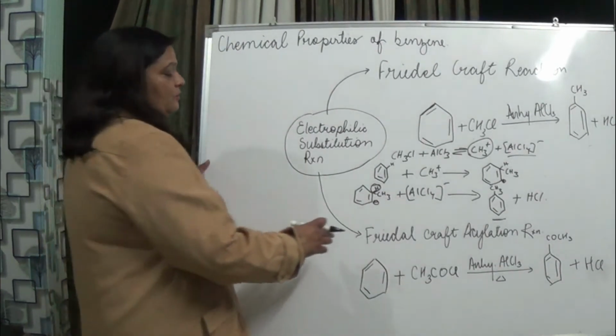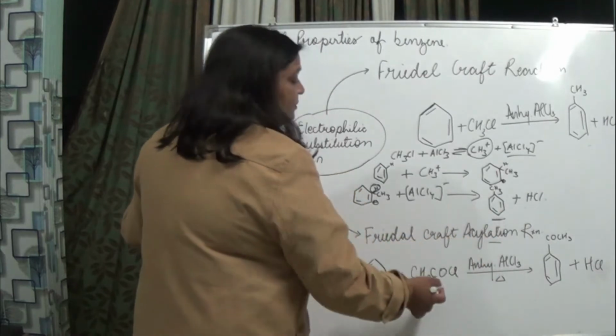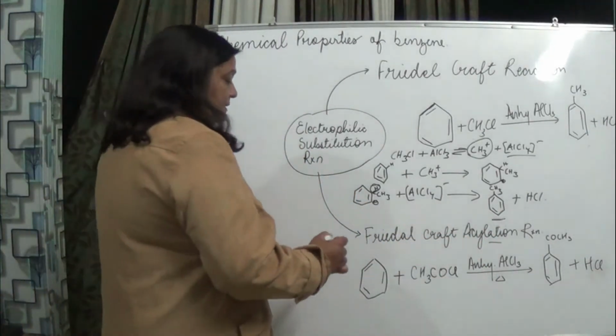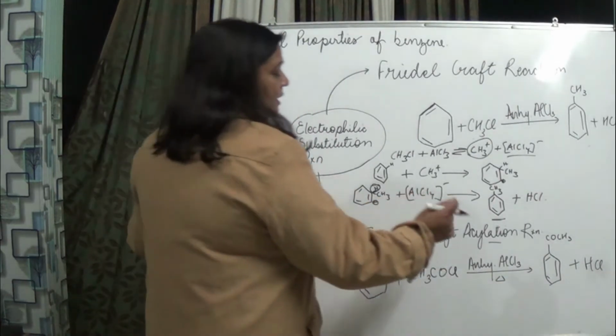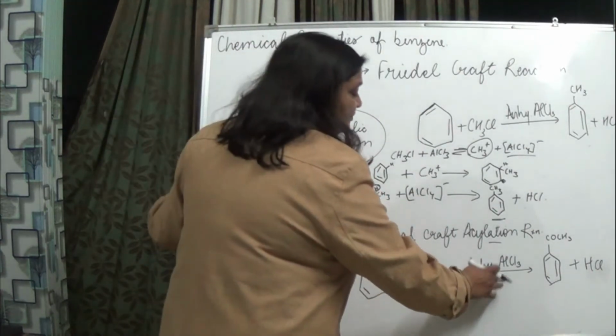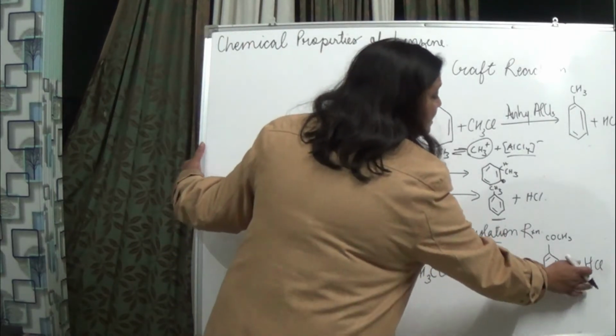Now coming to the Friedel-Crafts acylation reaction. Acylation reaction means we will be taking acetyl chloride. Benzene in the presence of acetyl chloride and anhydrous aluminum chloride, on heating, gives acetophenone plus HCl.